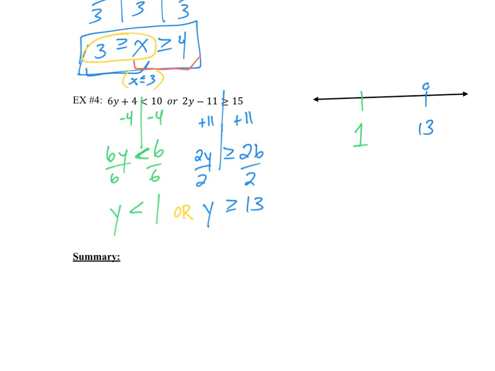So it'd be a filled in circle because it's greater than or equal to, and greater than means point to the right. If you graph the green one, y is less than 1. Less than means open circle, and less than would be the numbers to the left. So that's how that last one would look.